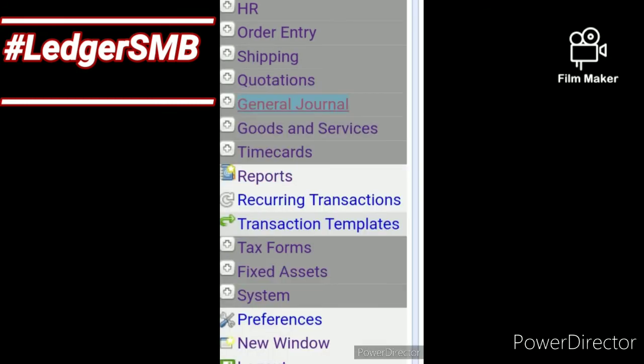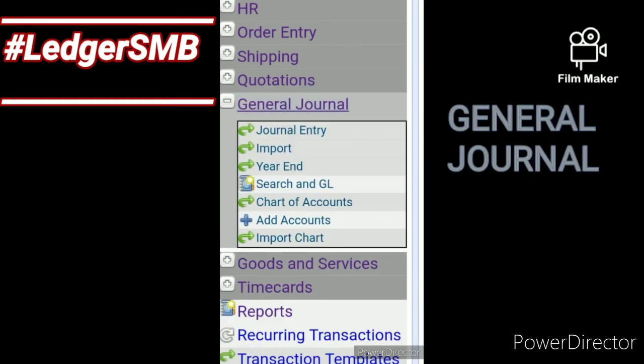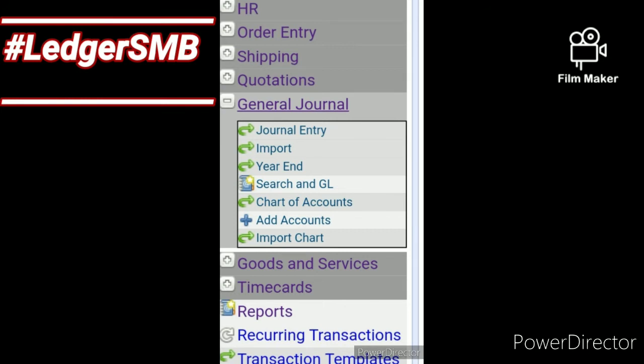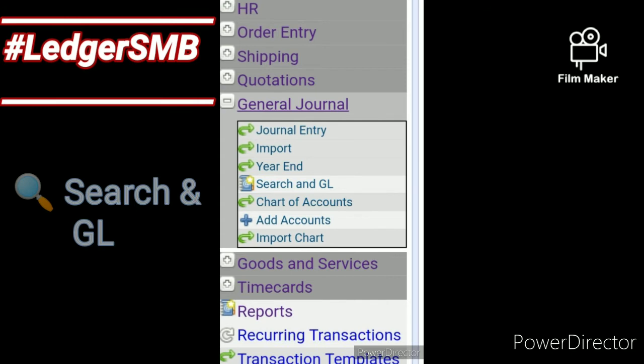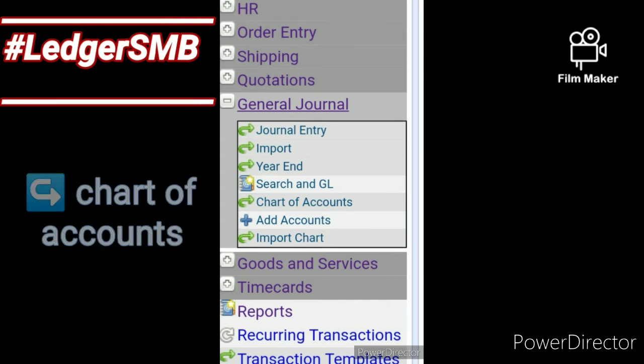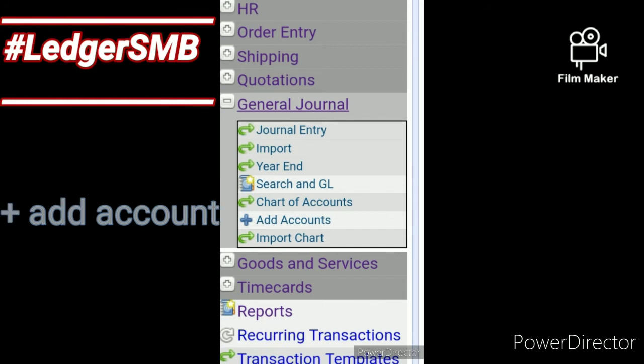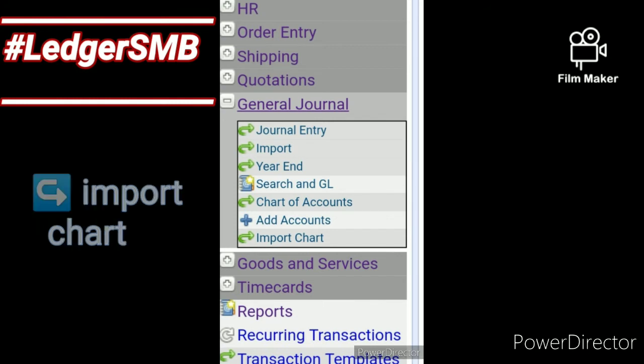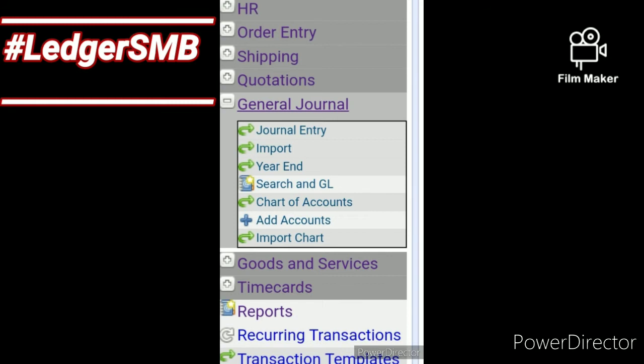The categories of general journal are journal entry imports, year-end search, and GL charts of accounts and import charts. The general journal is a list of all business transactions of a company kept throughout its entire life.